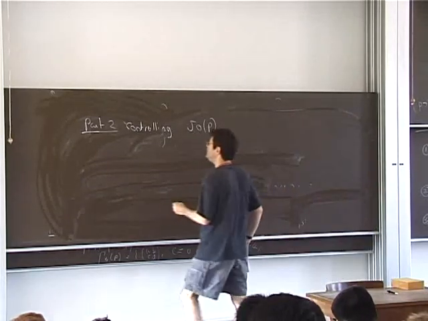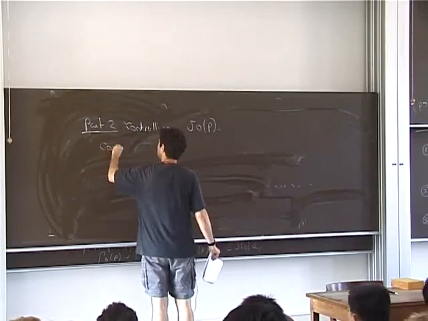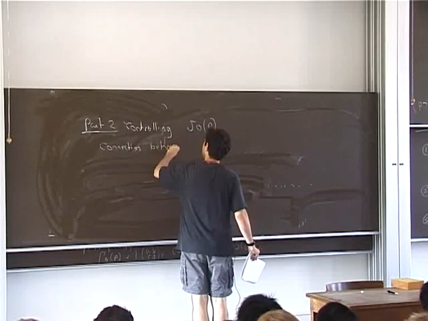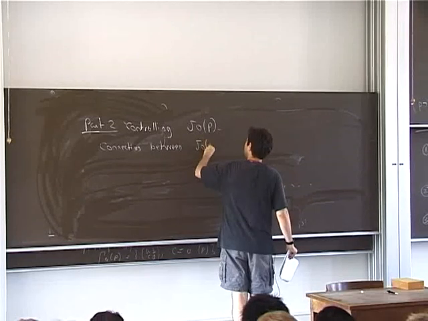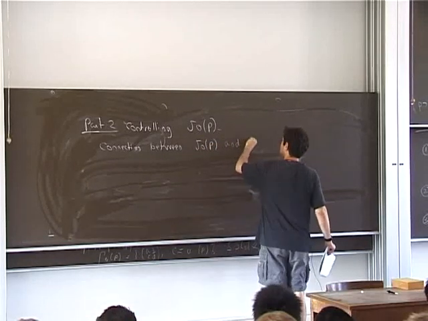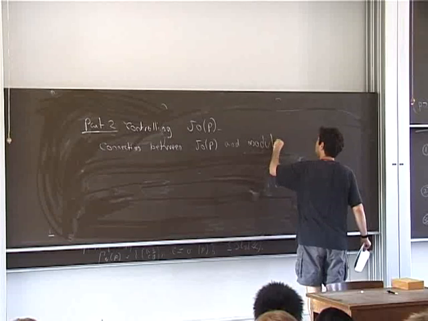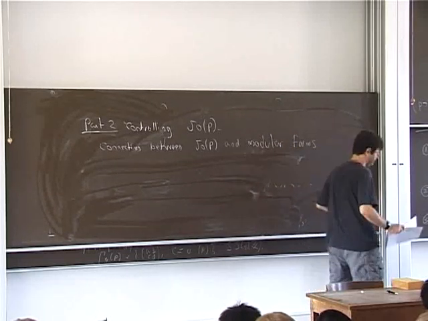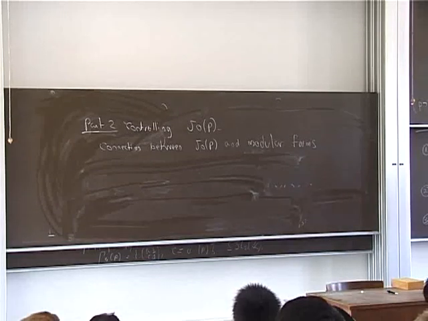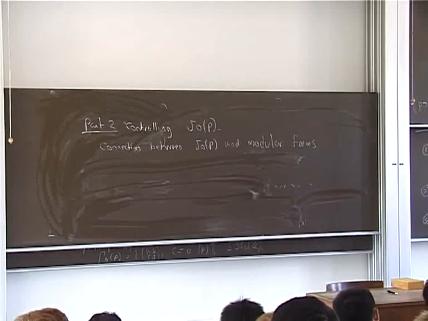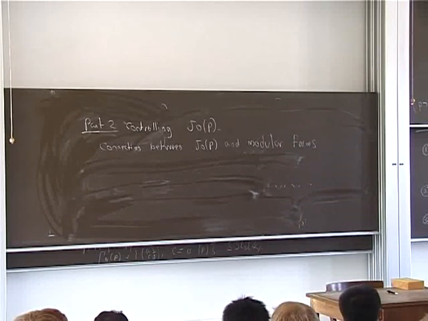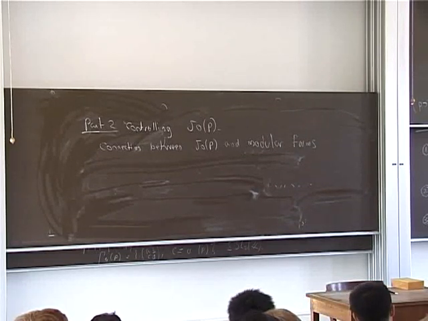The key ingredient here is the connection between J_0(p) and modular forms. This is a theme that I'll also be developing tomorrow when I talk about Fermat's theorem, and in the course of next week when we talk about elliptic curves and the Shimura-Taniyama conjecture. I'm running a little bit late, so I might not have time to say as much as I wanted to today.